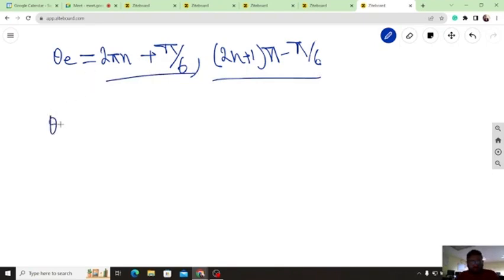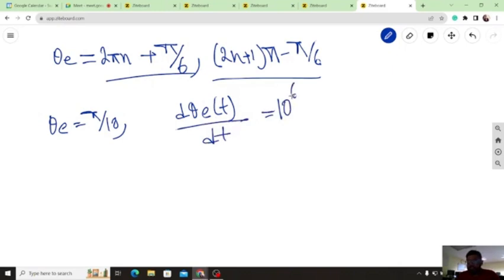Now at theta e equal to pi by 18, d theta e by dt is 10 to the power 6 minus 2 into 10 to the power 6 sine of pi by 18, and this is greater than 0.